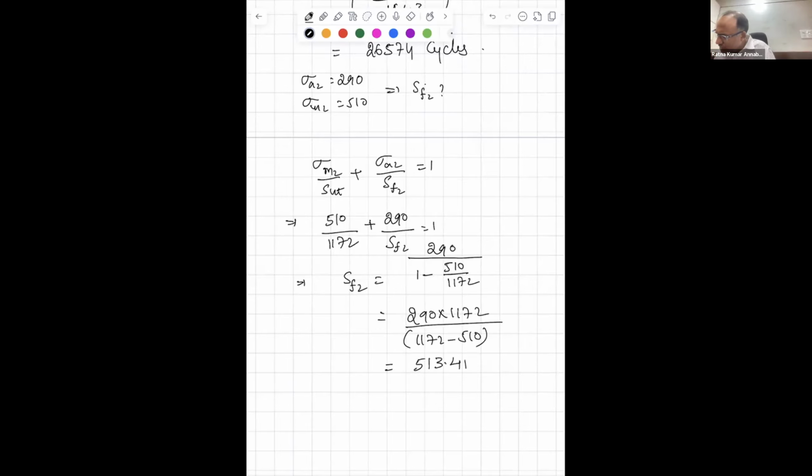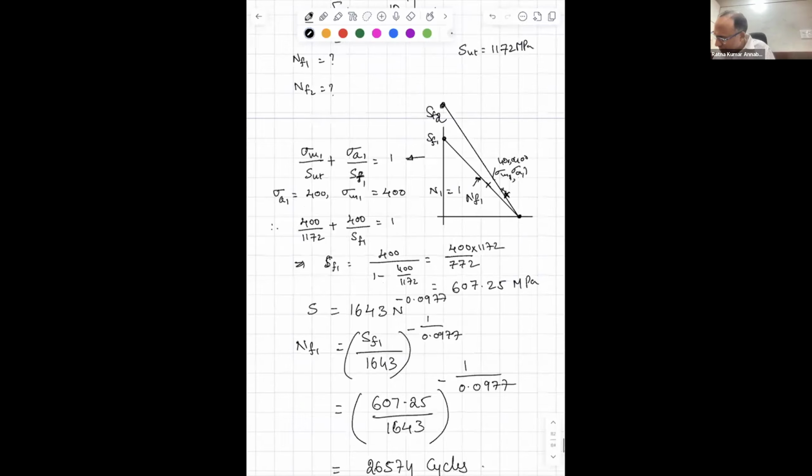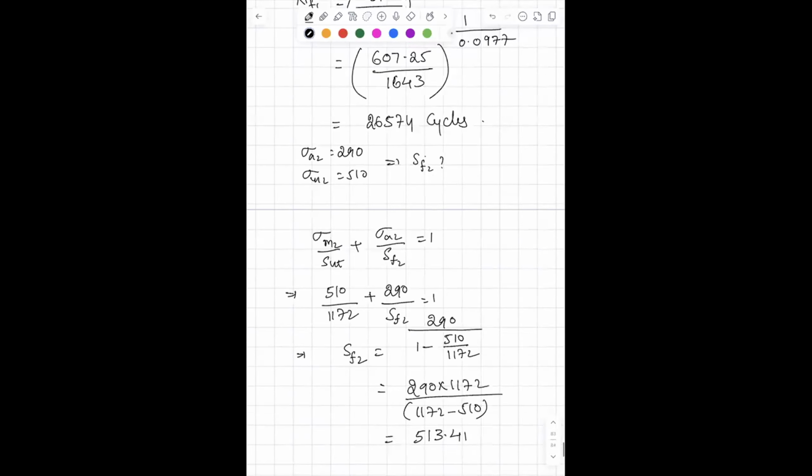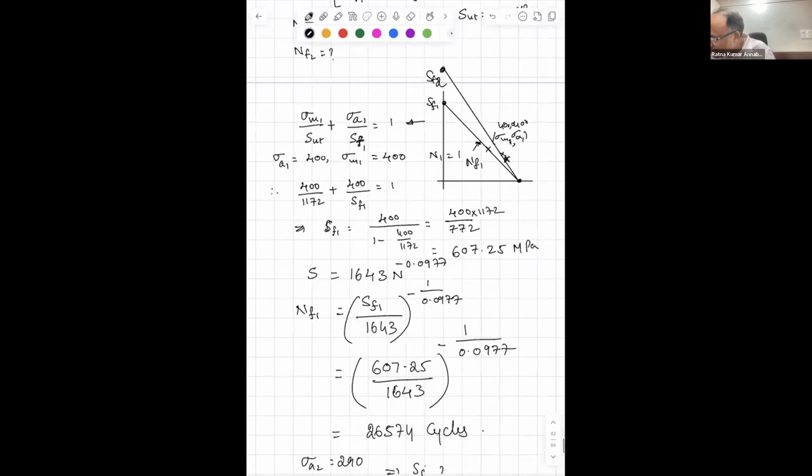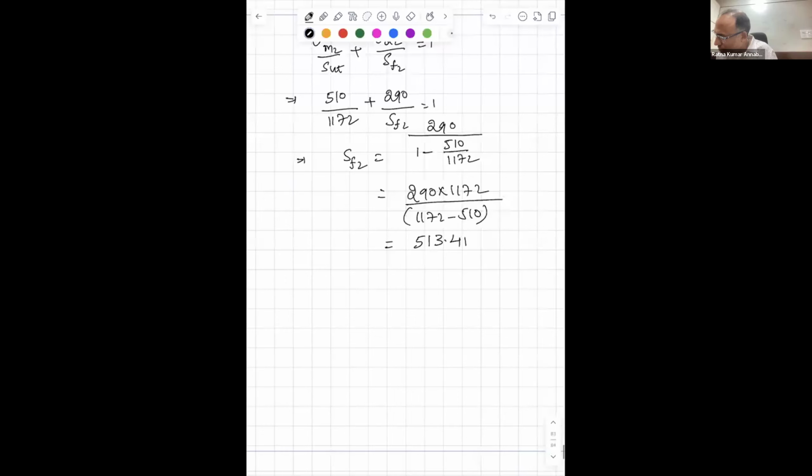Oh, it is smaller than the previous one? I am getting 677.687. It should be larger, because if it is 400, then 510 will be outside, no? So it should be larger. Do you agree? Whoever said 513?